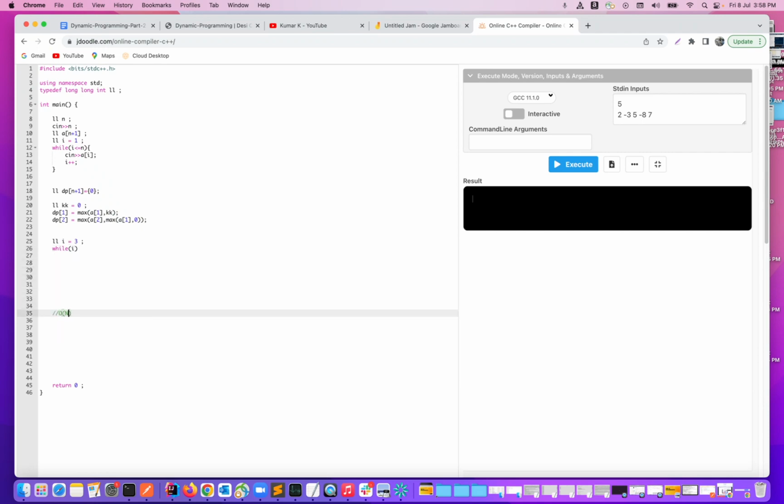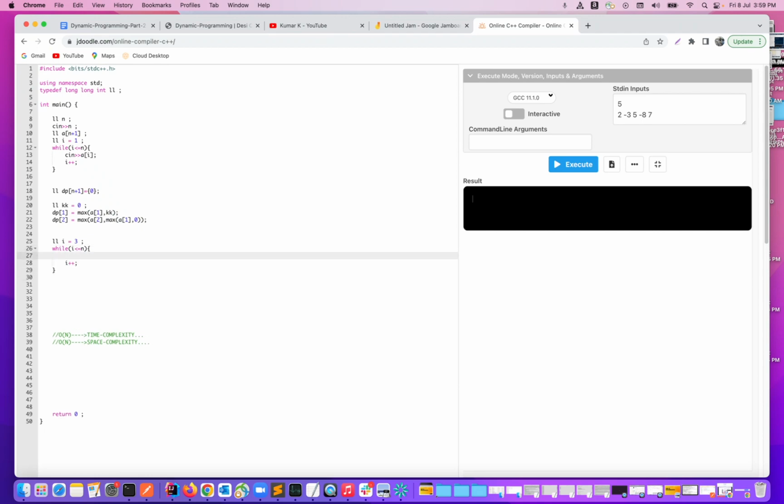So the time complexity will be O of n, and the space complexity will also be O of n, because I'm using a dp array as extra and its size is n. Let's run a while loop, guys.